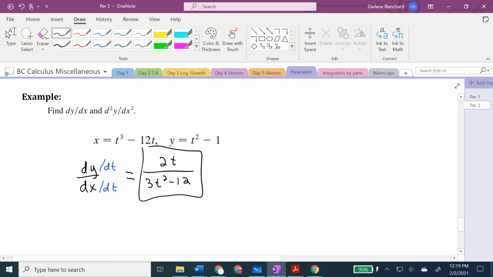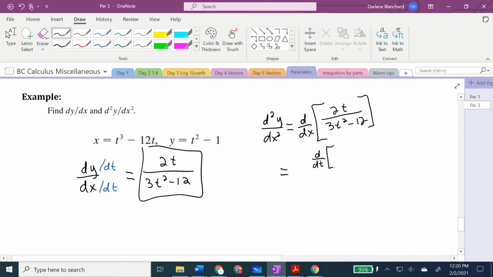To find the second derivative for my concavity, I need to take the derivative with respect to x of that formula. But to save time, I'm going to take the derivative with respect to t of that formula and then divide that by whatever dx dt is, which I happen to have already found.